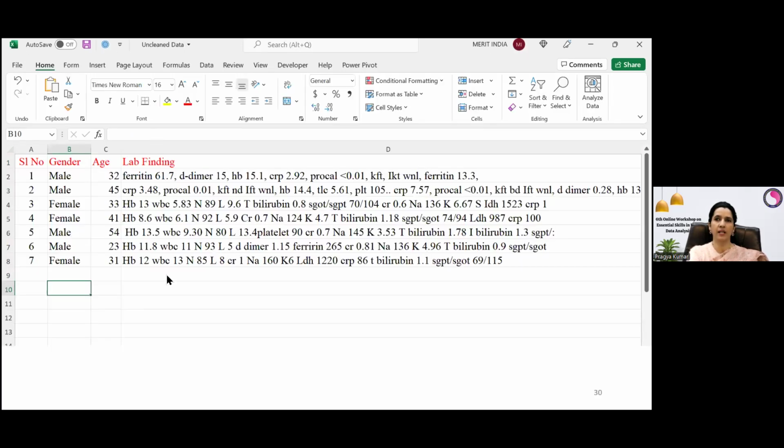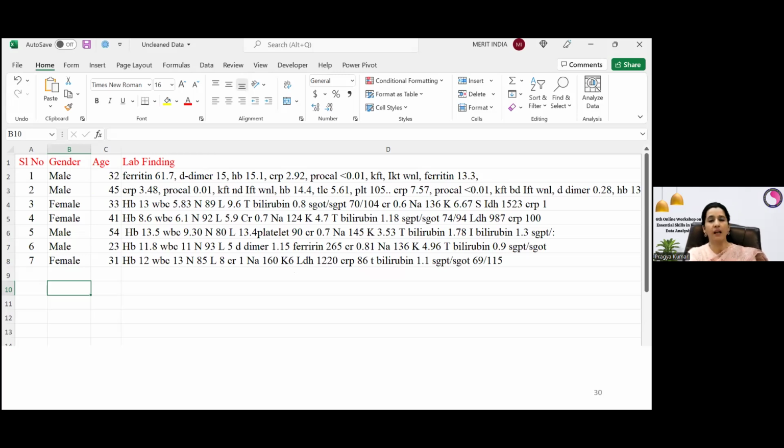This was again one data which we received from the medicine department. He has entered the male gender here, age, and then he has written all the investigation values in one row. You can see ferritin, D dimer. We received this during COVID, but we always keep this data because you cannot expect someone entering data like this.